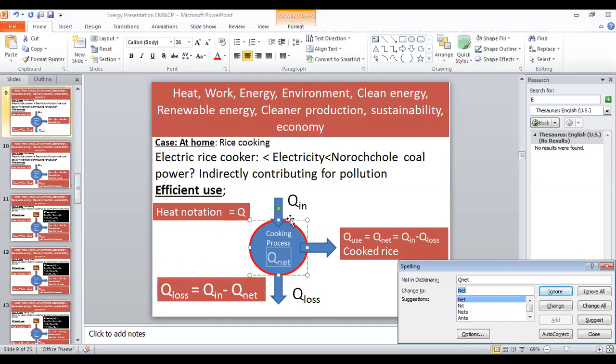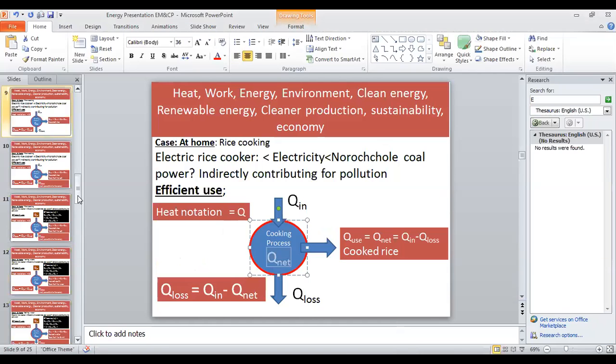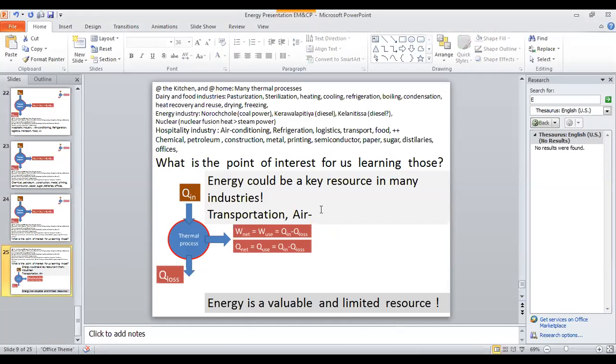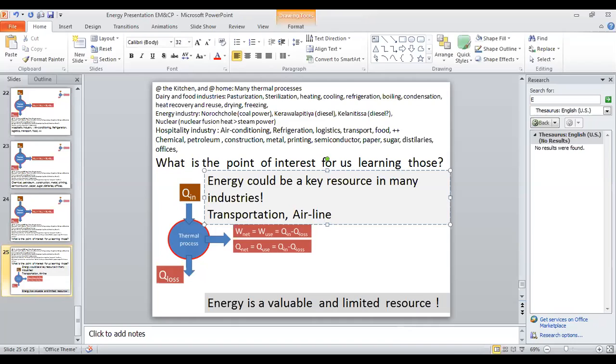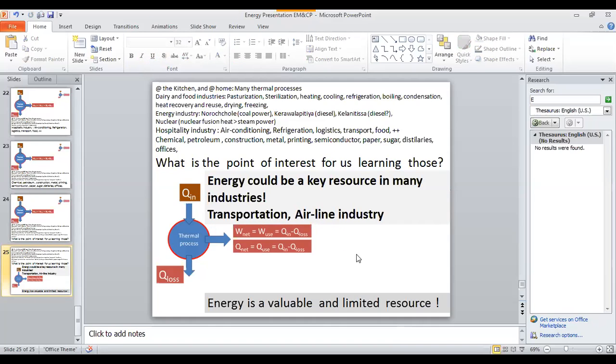The airline industry, it's a key. I hope you can understand. That's all.